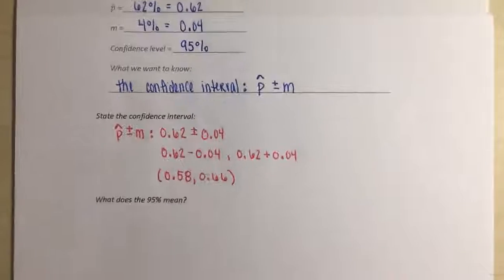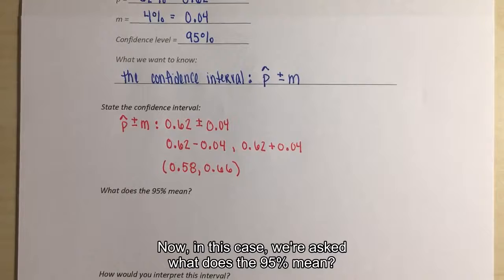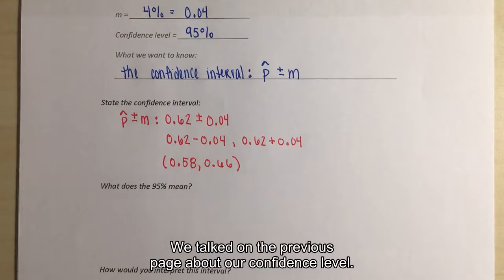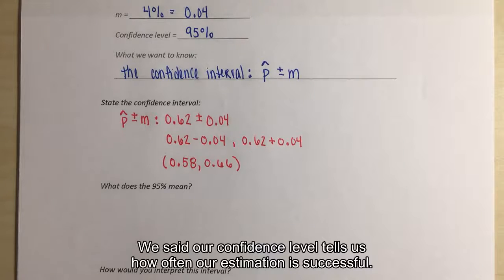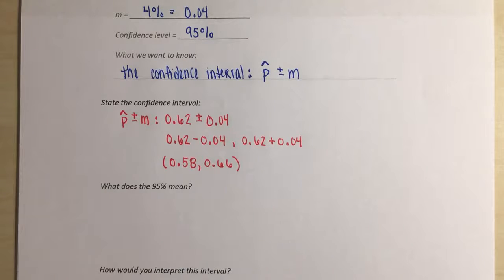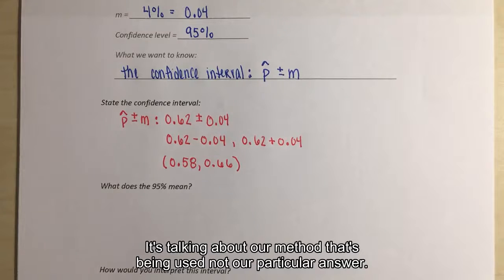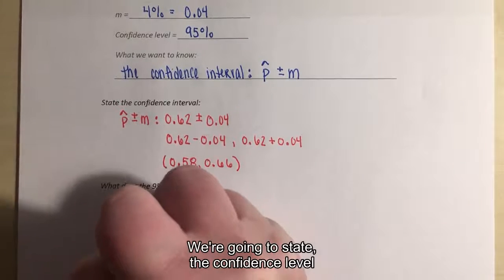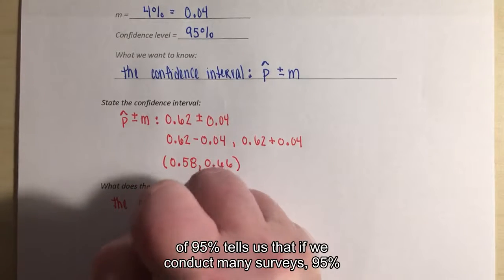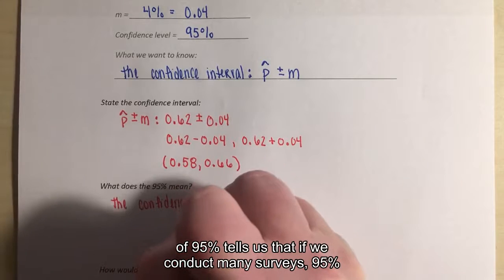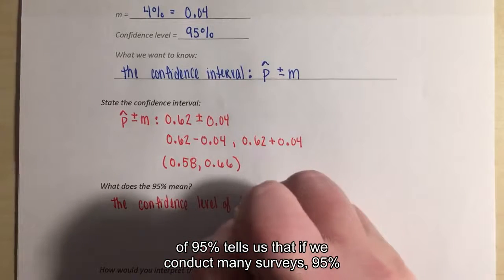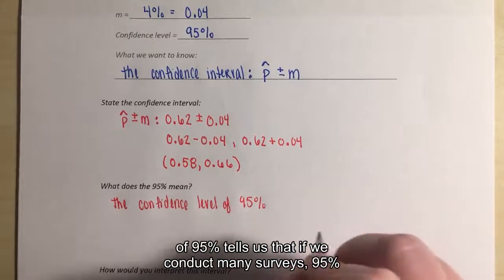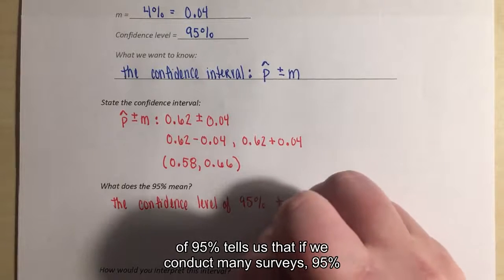Now we're asked, what does the 95% mean? We talked on the previous page about our confidence level, and we said that our confidence level tells us how often our estimation is successful, and it's talking about the method being used, not our particular answer.